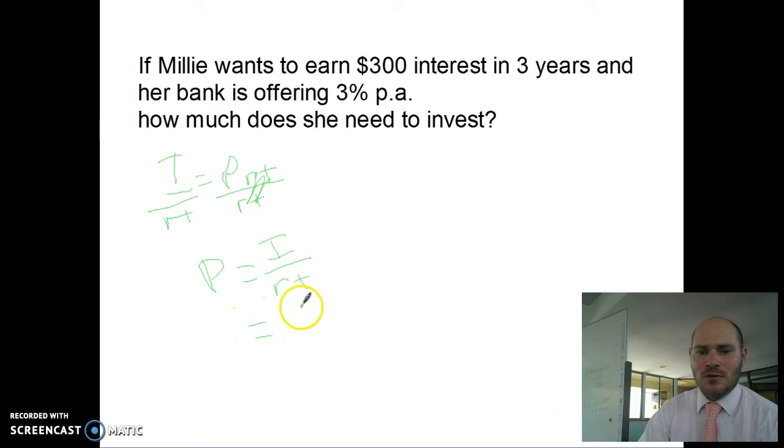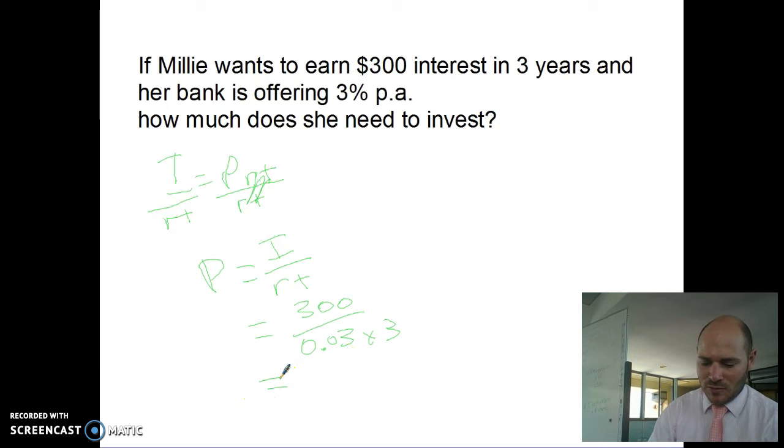So my interest, she wants to earn $300. My rate is 0.03. My time is 3 years. Again, I'm going to use my ABC function on my calculator and make the calculator look exactly like that: 300 over 0.03 times 3.